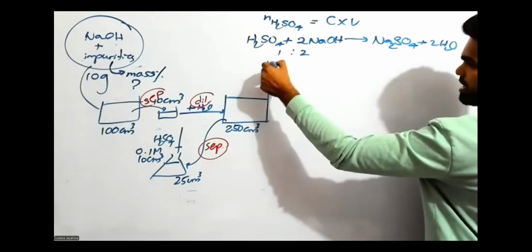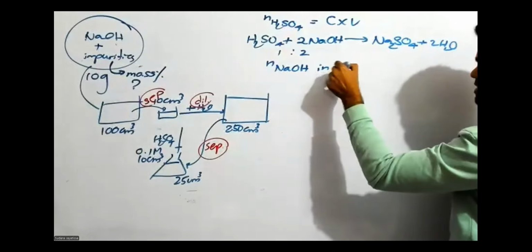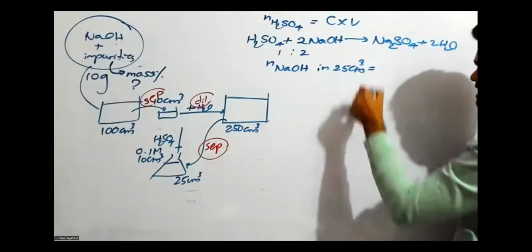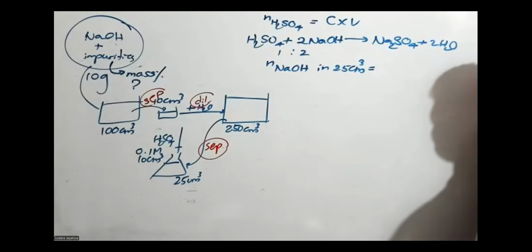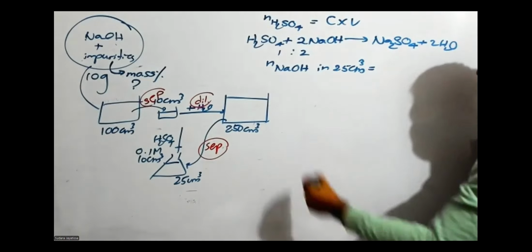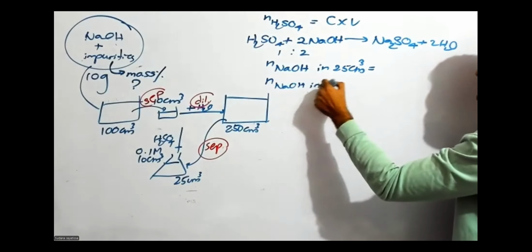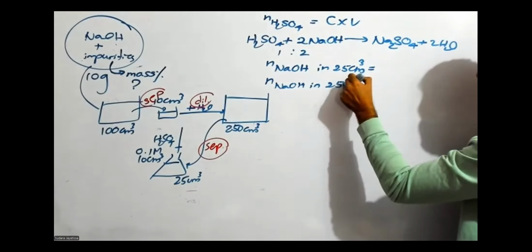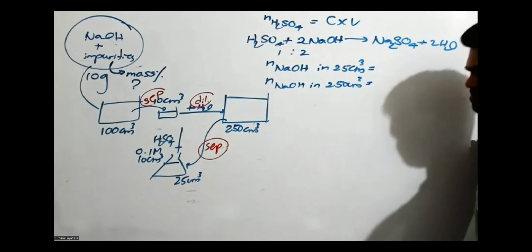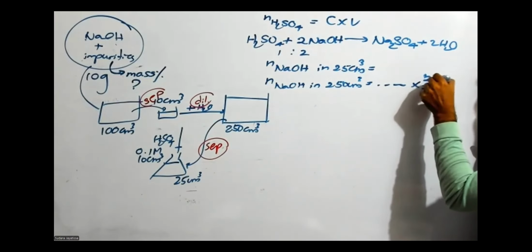Then find the number of moles of sodium hydroxide. But remember that sodium hydroxide was there in 25 cubic centimeter, so you simply multiply this value by 2. Then you can find moles of sodium hydroxide in the original 250 cubic centimeter, because there was a separation. So simply divide this one by 25 and multiply by 250.